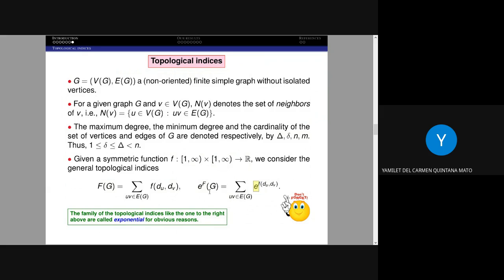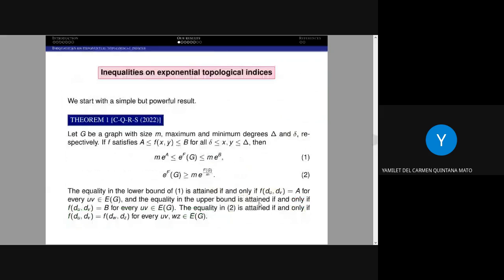In this case, the general topological indices with this form are called exponential indices for obvious reasons.